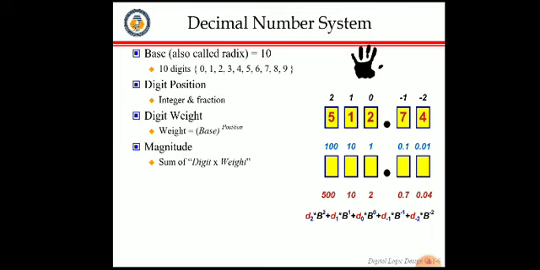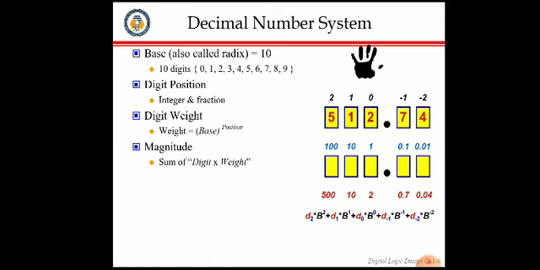Another name for base is radix. In this decimal number system, a total of 10 symbols are used: 0, 1, 2, 3, 4, 5, 6, 7, 8, 9. Total 10 symbols are there.